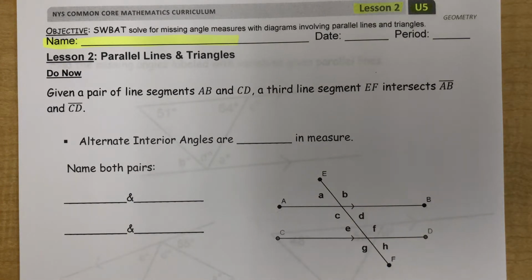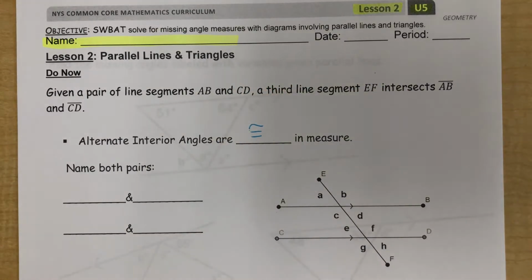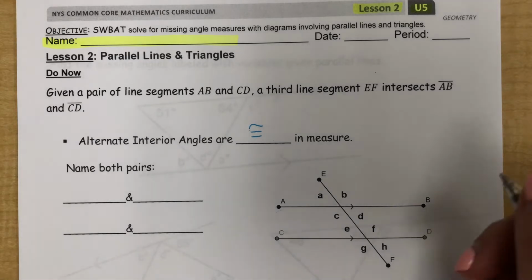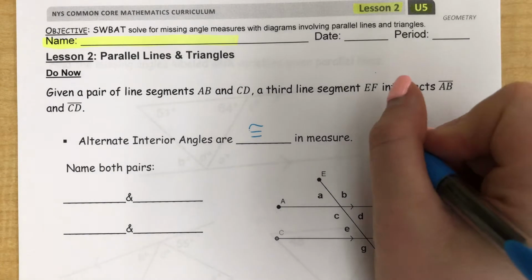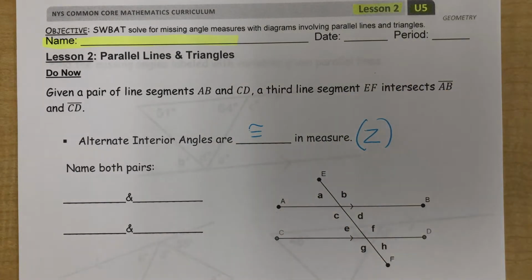And we know that alternate interior angles are equal or they are congruent in measure. And now it's asking me to name both pairs of alternate interior angles. Well, if you remember from Unit 1 long ago, that's when we first learned about these types of angles, you highlight out the letter Z to find them, all right?